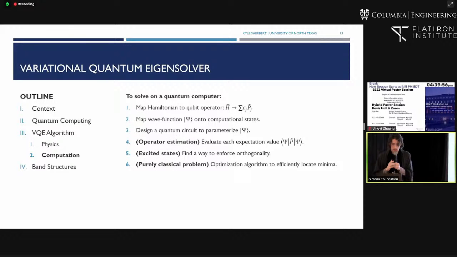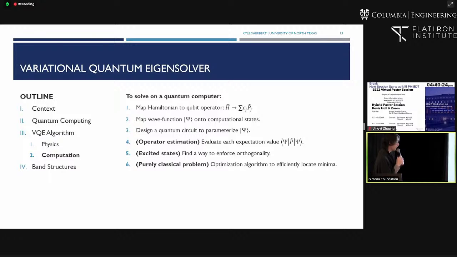Now, to adapt this to the quantum computer, the main point is probably number 2. We have to map a physical wave function. So, for example, in the band structure problem, we're talking about a single electron wave function in the presence of a periodic potential. We're mapping that spatial wave function somehow onto the computational states in our computer.